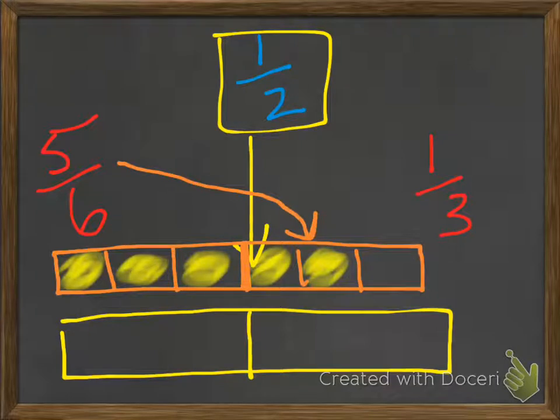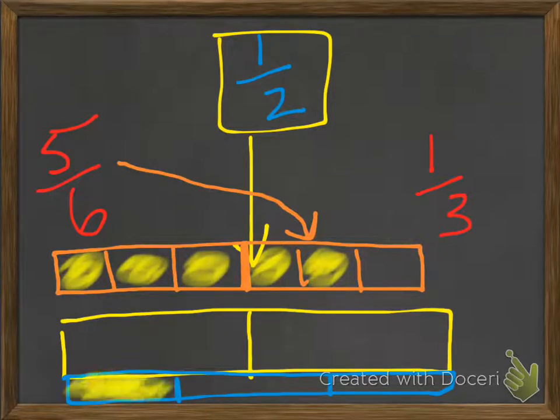Let's try 1/3. So 1/3, we'll go ahead and draw right below it. And it'd be like here and here. And if we shade then our 1/3, so again, we can kind of easily see that 1/3, which is down here, is a lot less than 5/6, and it's less than our 1/2 mark.